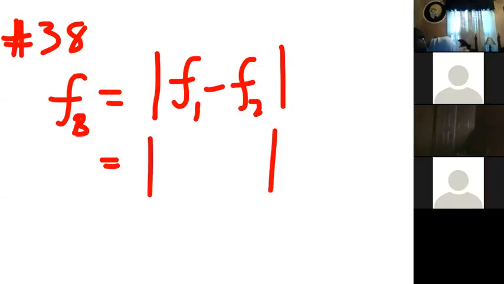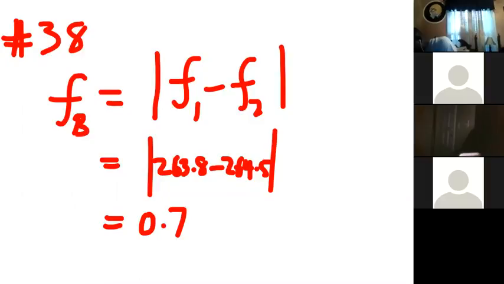So 263.8 minus 264.5. And that is 0.7 hertz. Okay, so if you are asked to find the beat frequency, it simply refers to the difference between the two frequencies.